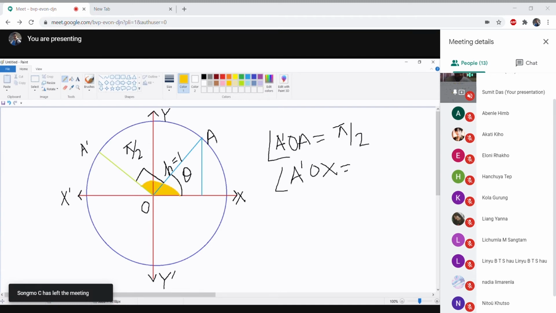Can you please tell me in the chat box? In the chat box, write down what is the value of this angle, A dash O x. Let me know.